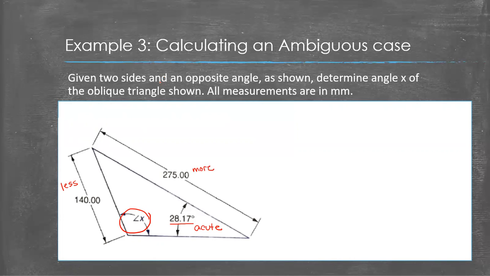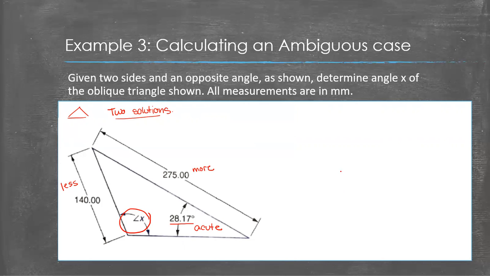So it has 2 solutions. The correct solution is the one with the oblique angle that matches the picture for angle X. Okay, so you have 2 solutions. You could draw a triangle that looks more like this as well as the larger one.